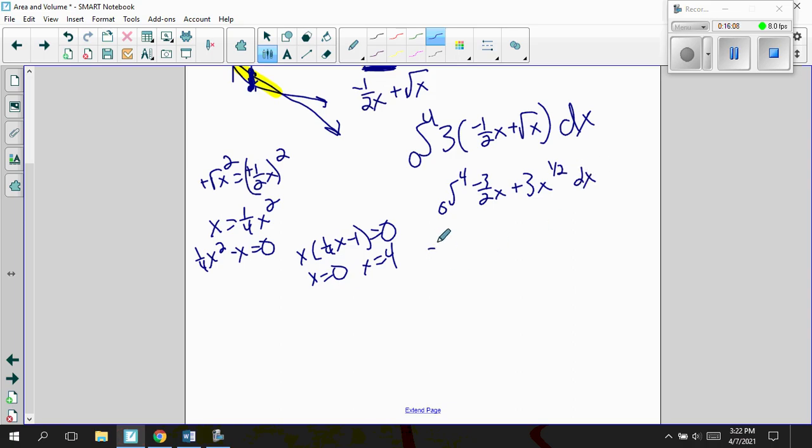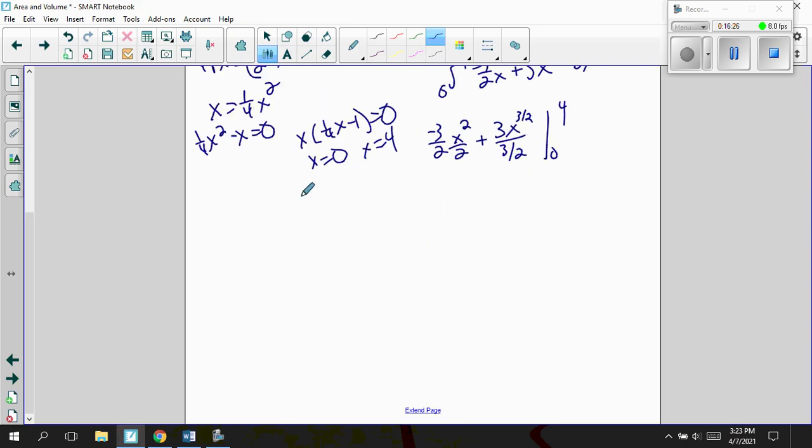My antiderivative then: over 2, I would power up to 2 over 2. This one would go power up to the 3/2 over 3/2, and then evaluate from 0 to 4. Doing some simplifying, it'd really be negative 3 over 4, and then I'll put 4 squared here. Plugging 4 in, plus 3, so the divided by 3 has a flip up to 2/3, so really that's just a 2.